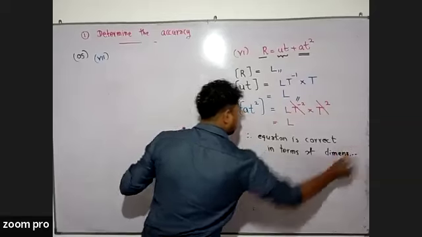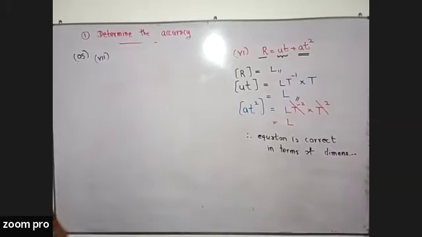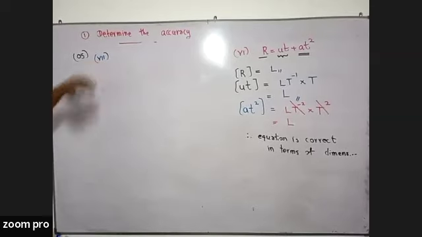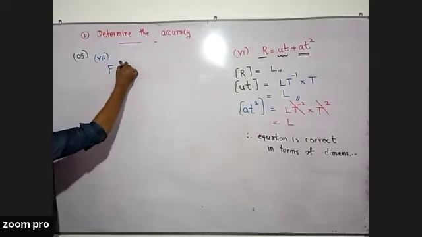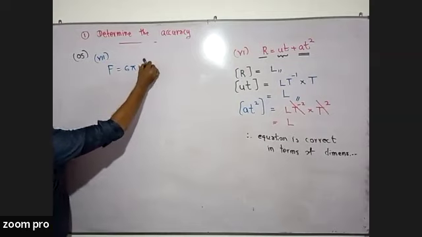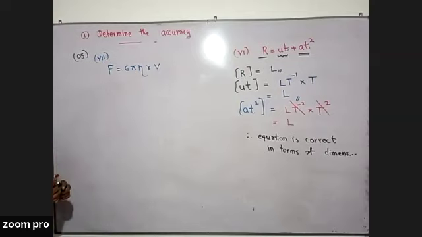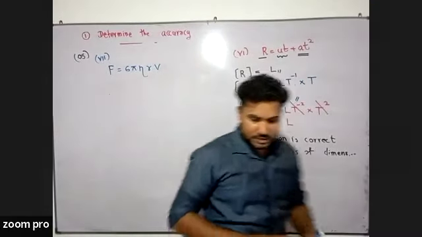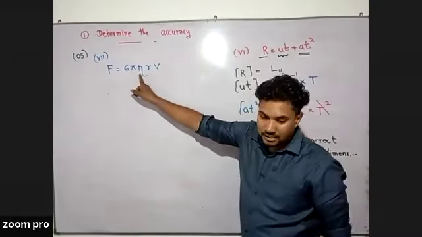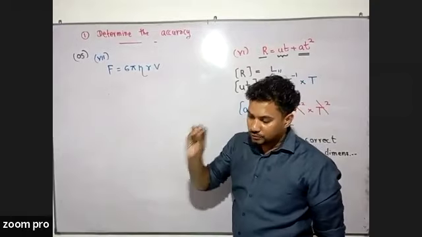Right? Okay. Then move on to the seventh Roman number, that is F equals 6 pi eta r v. Now in this equation, this sign eta represents the coefficient of viscosity.